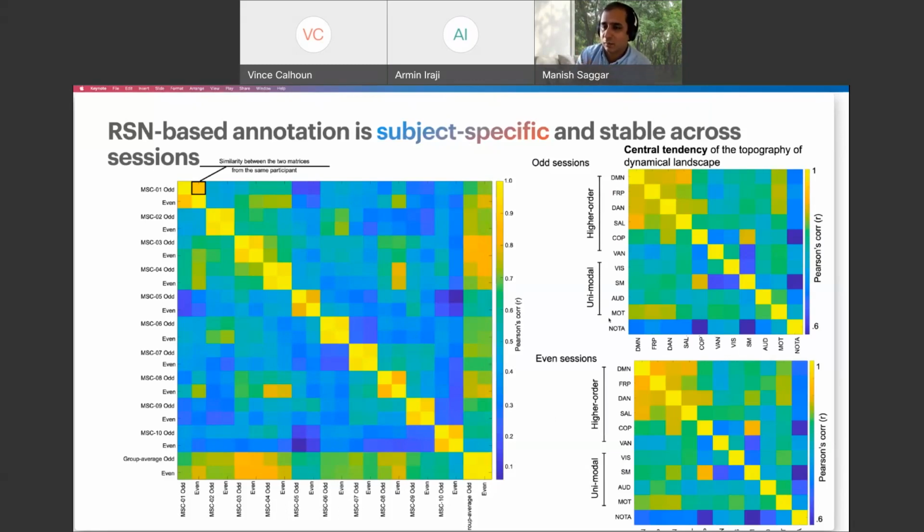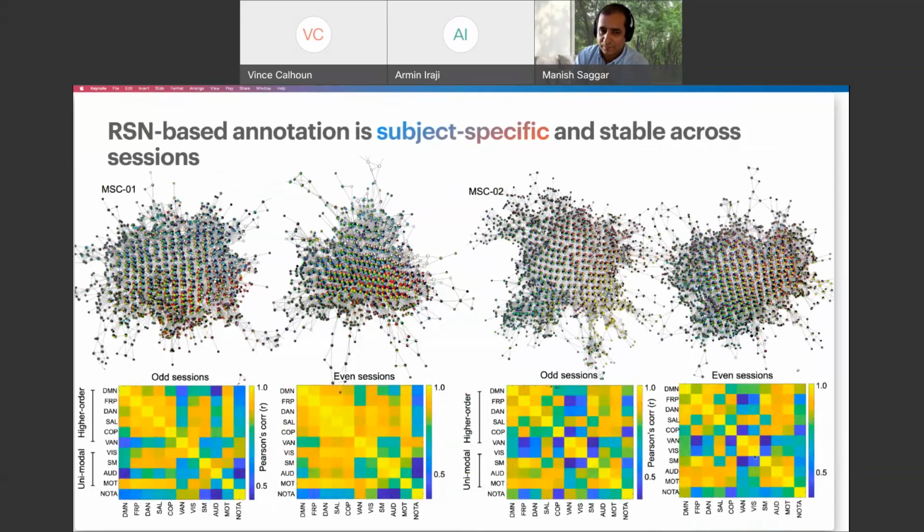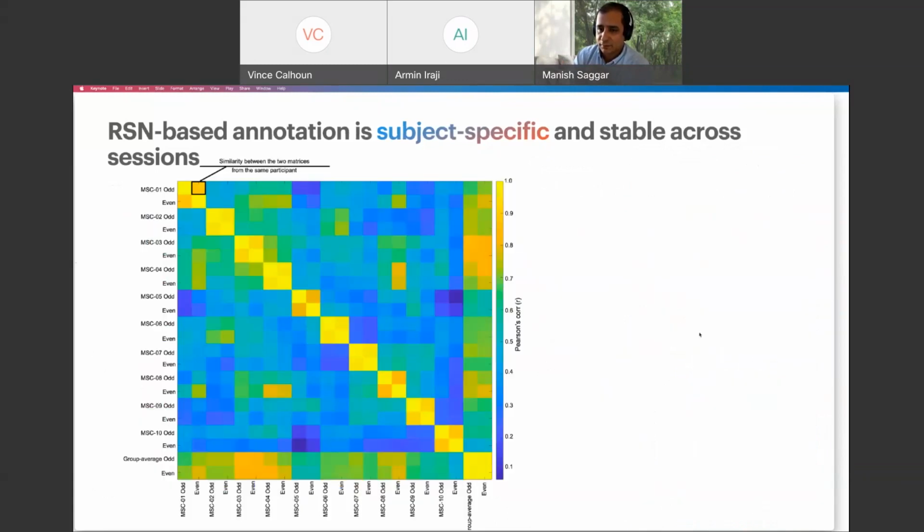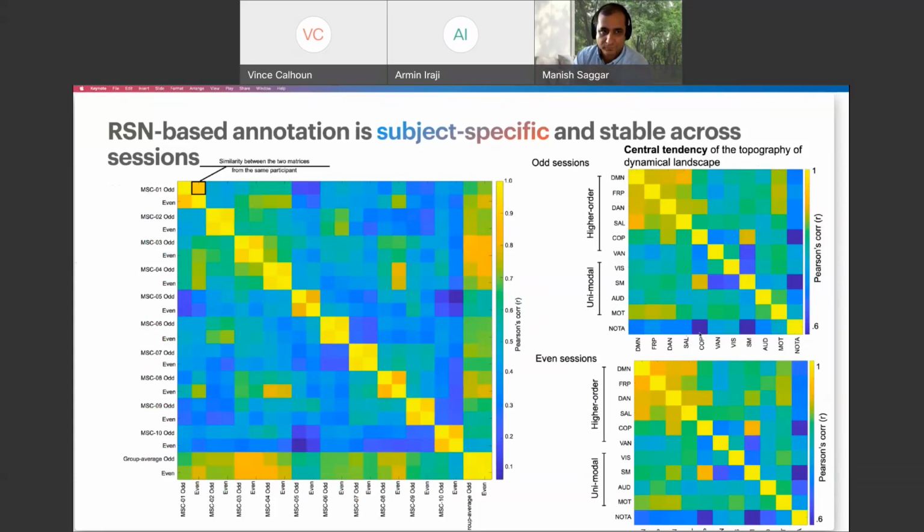And we kind of see it as well only if we look at the central tendency, meaning if I average over all people's co-localization networks, I get a similar plot that higher order are more tightly knit than the unimodal ones. But if you look at the individual people's co-localization matrices, that's not necessarily true. So with this kind of analysis, we can get much more fine-grained information about that person rather than getting the whole gestalt average, which may be true on average at the group level, may not be true at the single person level. Just a side note.